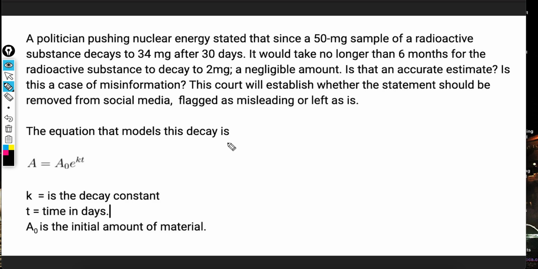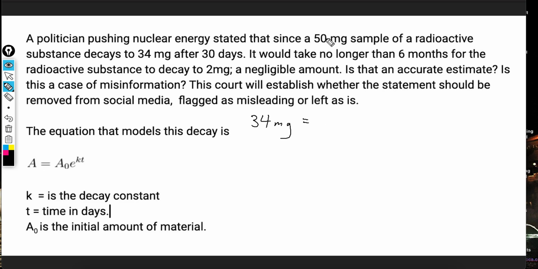So, step one: A initial is the original amount of radioactivity material, and K is a negative number. So we can first start off by doing this. We have 34 milligrams after 30 days. 34 mg, this would be our ending activity, correct?